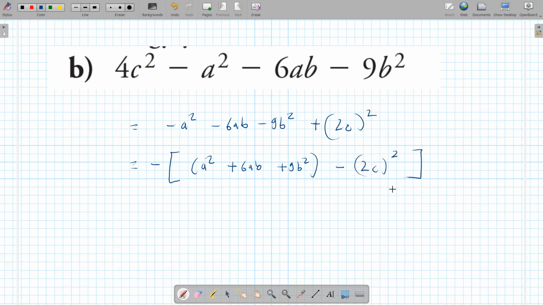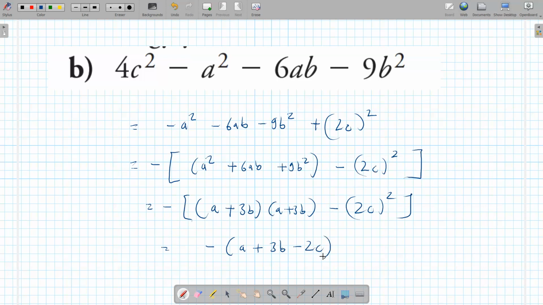And that's the trick for this question. You'll have negative, and that one is 3 and 3. I'm just skipping a step here, but that's what it factors out to. That means our final answer here will be negative (a plus 3b minus 2c) times (a plus 3b plus 2c), and that'll be the final answer for this question.